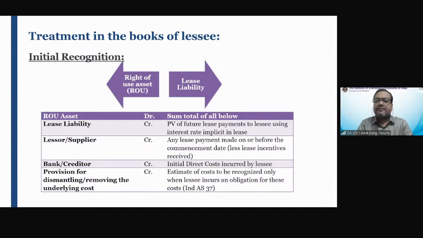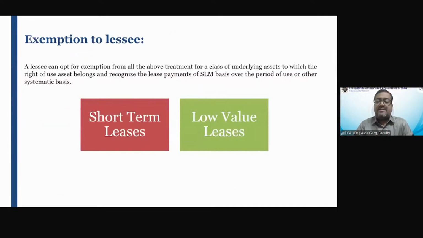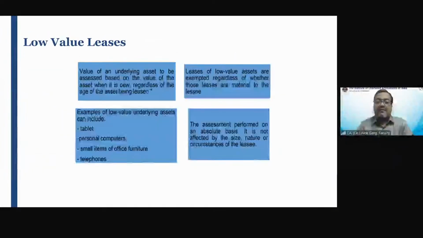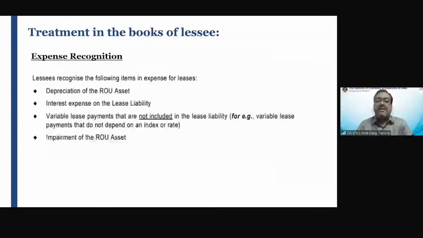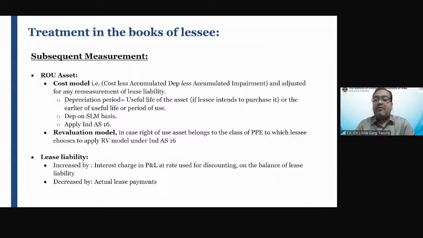Okay. So once we capitalized ROU, right, then there is a subsequent measurement. And what is the subsequent measurement? The subsequent measurement is, you need to see, are you carrying your ROU at cost model or revaluation model? But how can you see? So basically this cost model and revaluation model is typically same, which we have discussed in Ind AS 16.